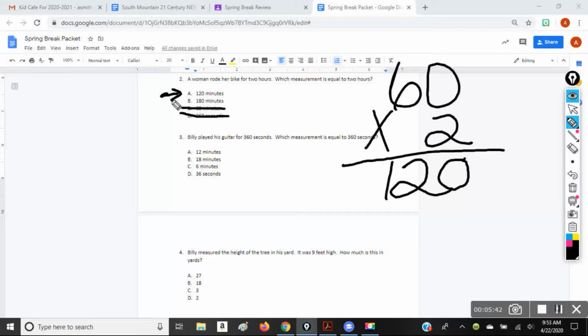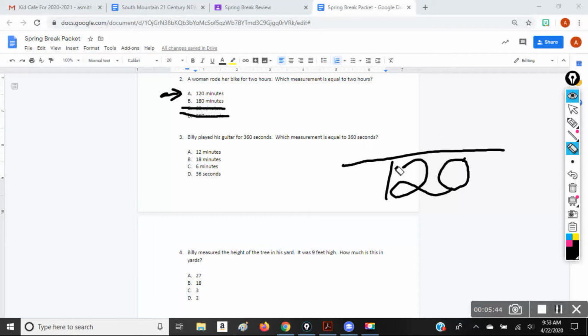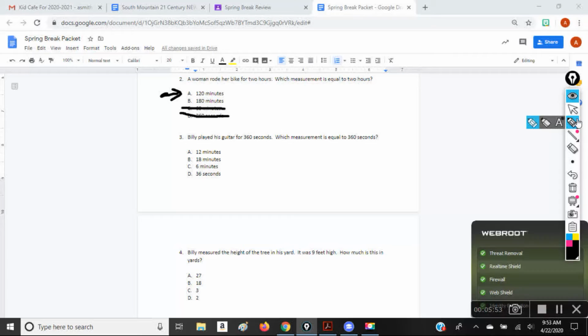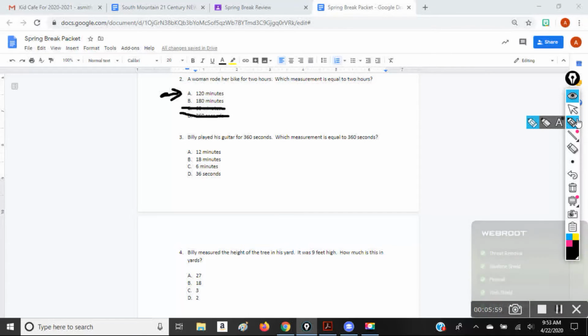For B, Billy played his guitar for 360 seconds. Which measurement is equal to 360 seconds? 12 minutes, 18 minutes, 6 minutes, 360 seconds. Well, 36 seconds. I read the number again up here. 36 seconds cannot be equal to 360 seconds. Sorry for that error.